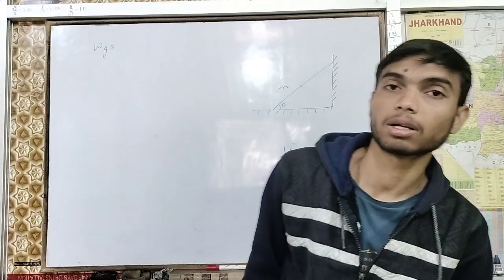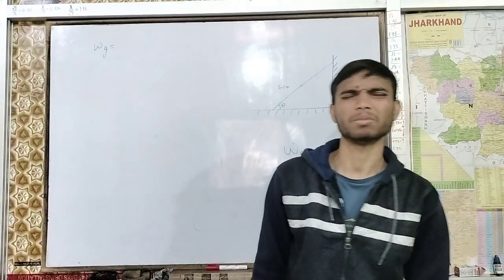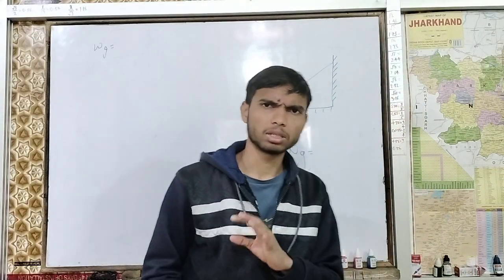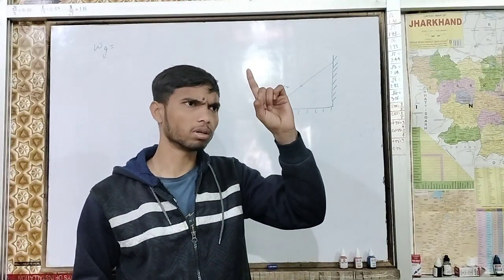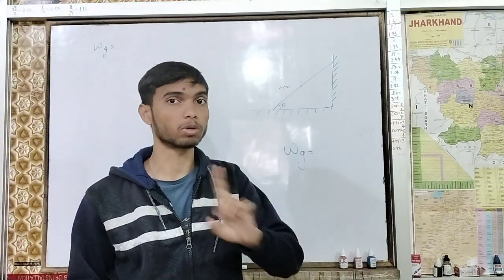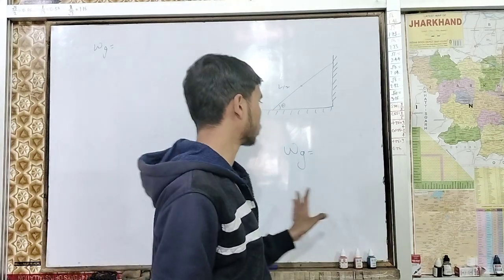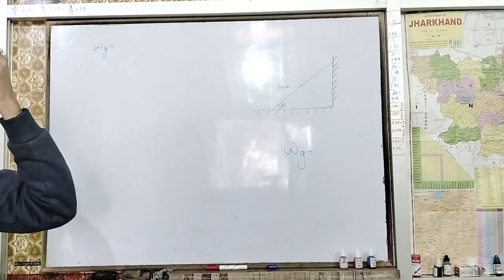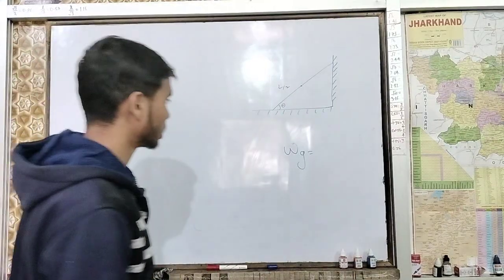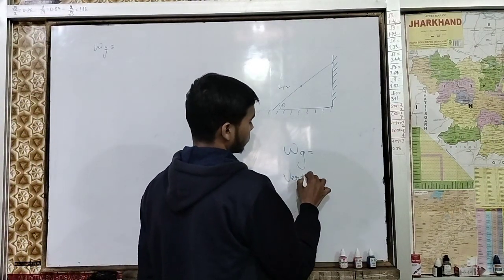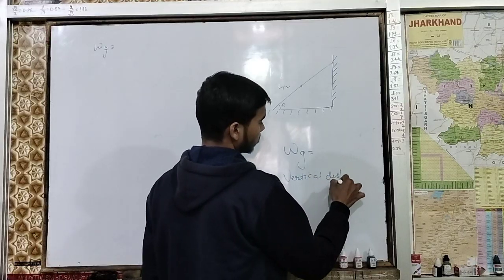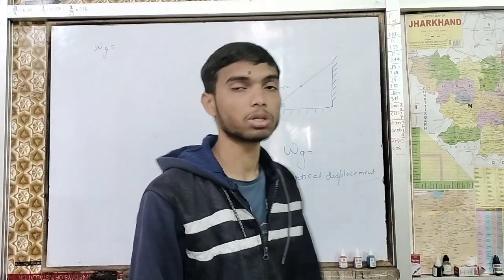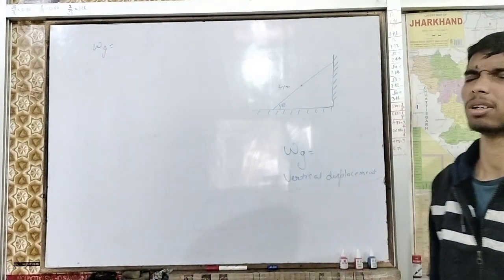Remember, work done by gravitational force is a conservative force, which means it does not depend on the path. It always takes the vertical displacement, not the horizontal displacement. It does not care about horizontal displacement.